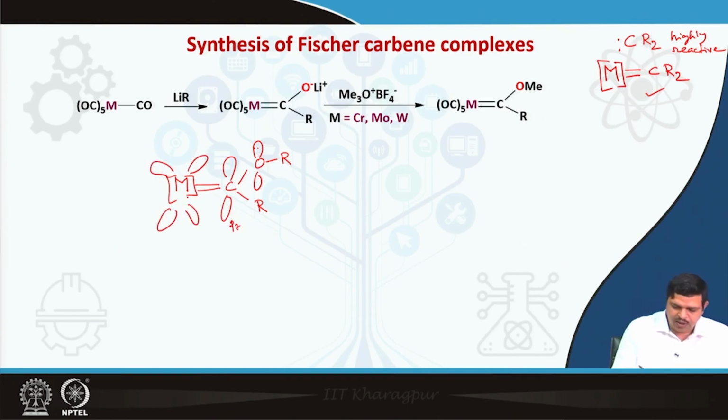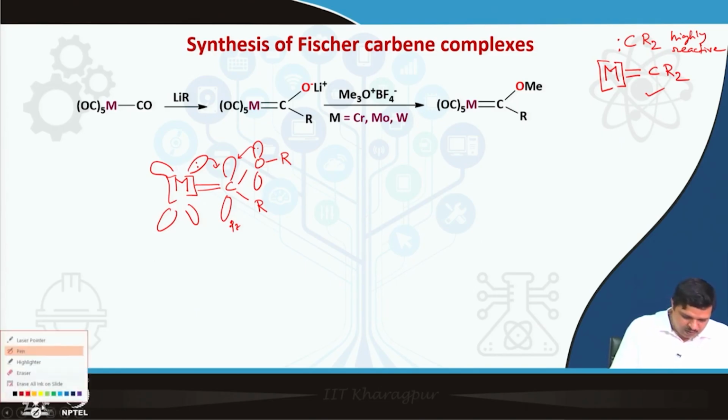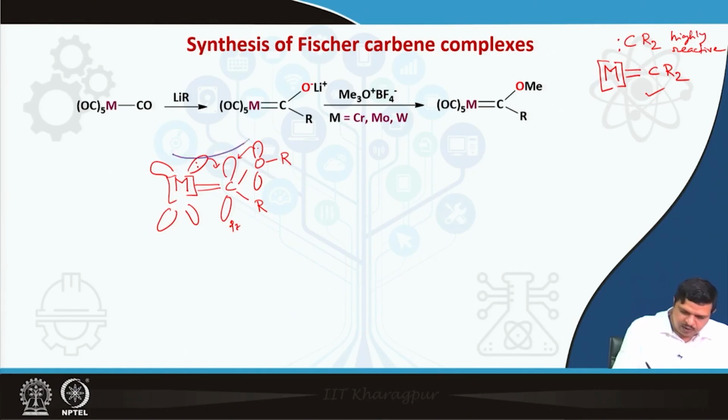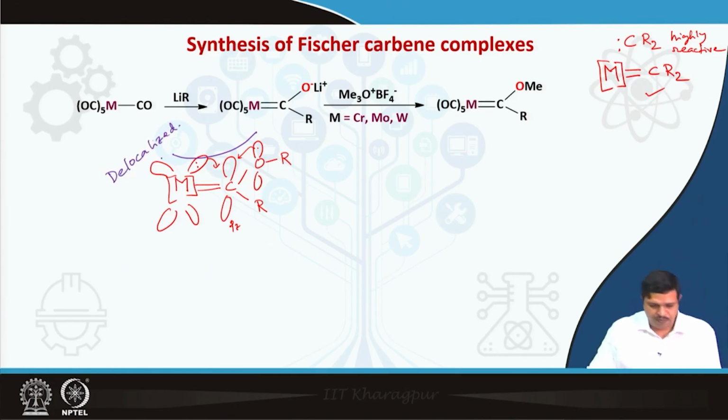So it is a perfect match, and that is why this pz orbital can accept electrons, and it basically behaves as delocalized between M and CO. So it is a fully delocalized system and makes a thermodynamically stable system.